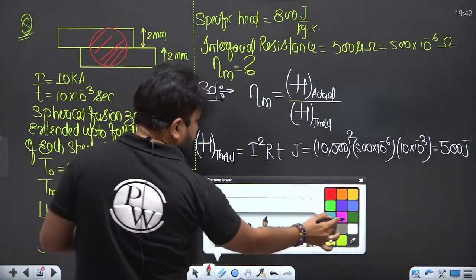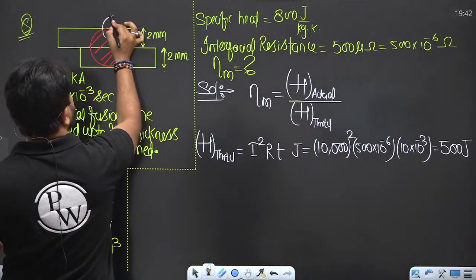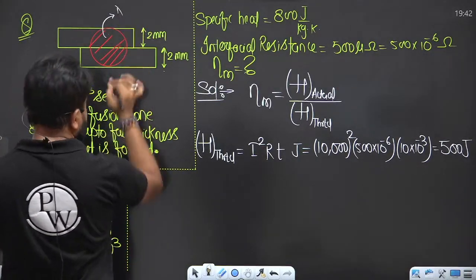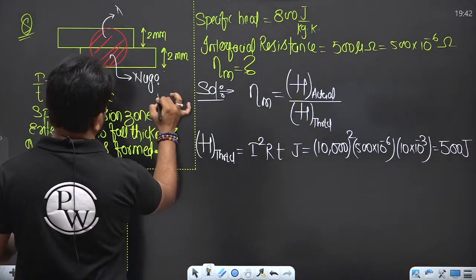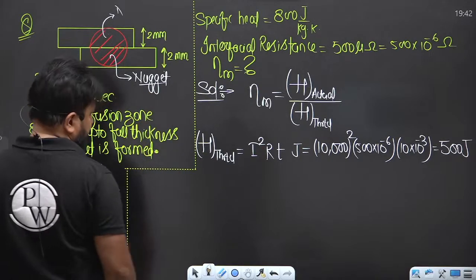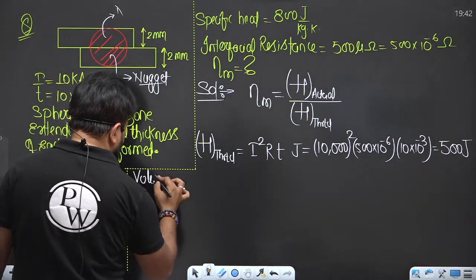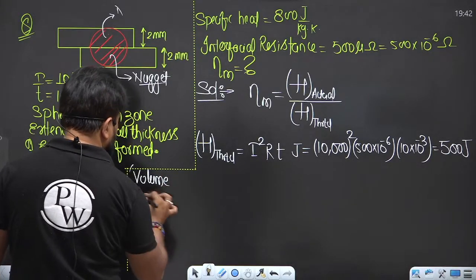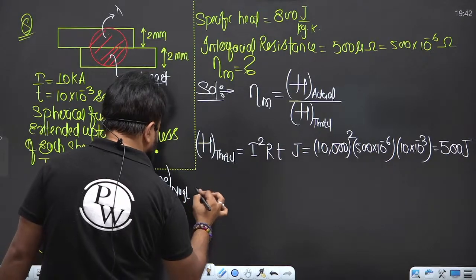Now, let's find out the volume of the nugget. This nugget, right? The volume of the nugget is what?